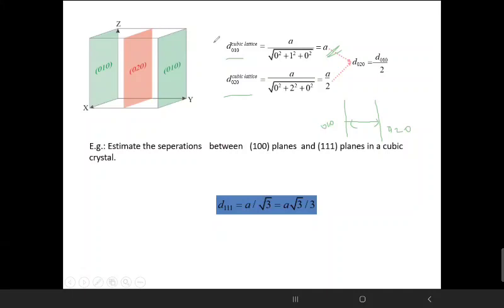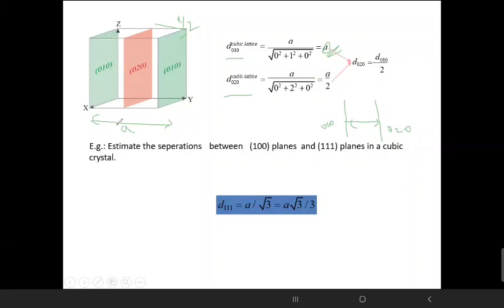The distance between 010 planes is a, and the distance between 020 planes is a by 2. You can see from the diagram, the distance between 010 planes is a, and between 020 planes is a by 2.